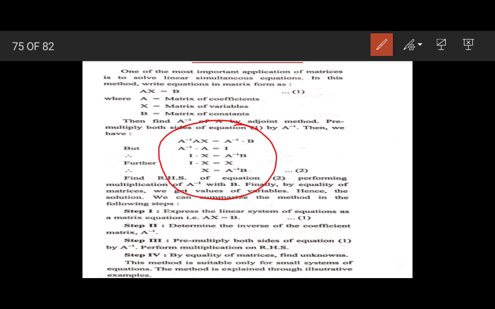So the first step is writing the equation in matrix form. Second step is finding A inverse, and third step is X equal to A inverse into B matrix, meaning multiplying A inverse with the B matrix. These are the important steps of solving the simultaneous equation.